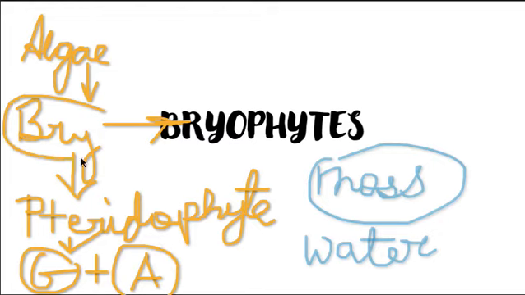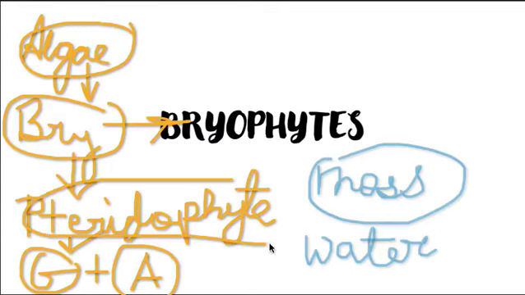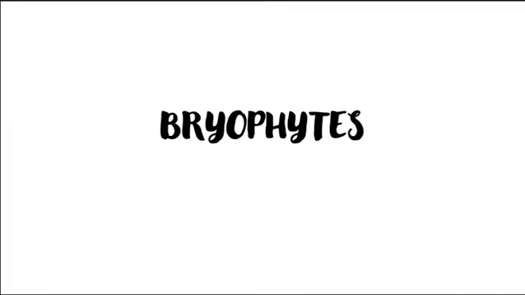If I tell you what bryophytes are, bryophytes are the group of plants which are intermediate between the algae and the pteridophytes. Now I'm going to explain the meaning of the word bryophyte.